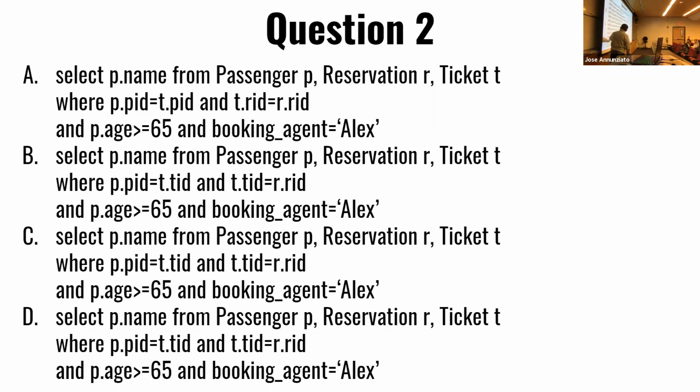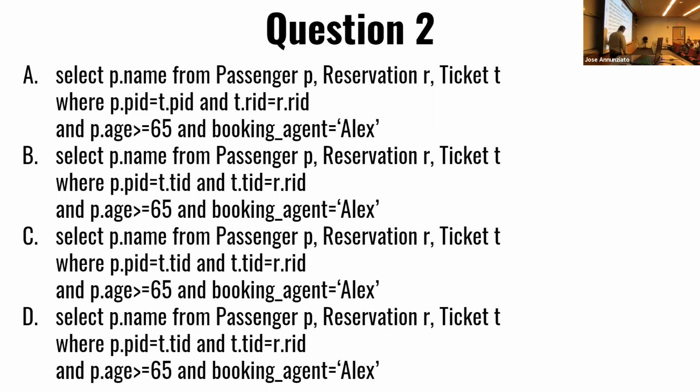We have the age of the passenger 65 for all of them, the booking agent is Alex for all of them. So that looks fine. In all of them we are naming all three tables, so that looks okay. So it must be that there's something wrong in the where clause, and we need to focus on what's wrong with these.